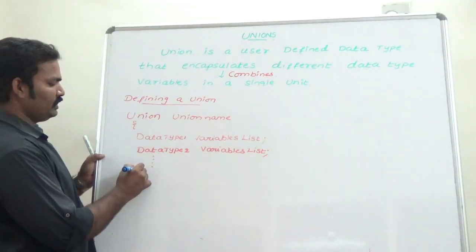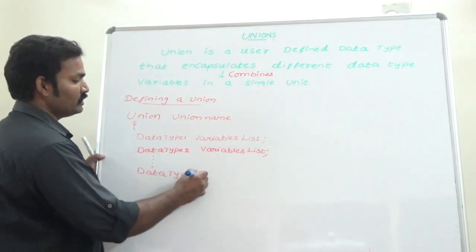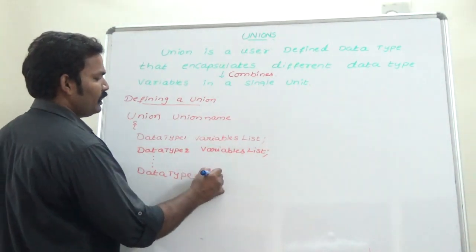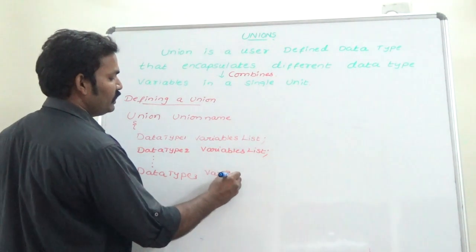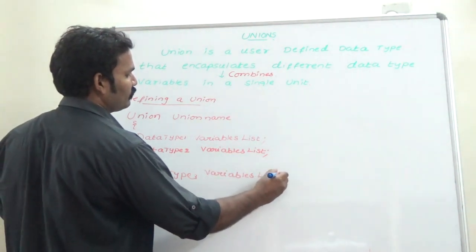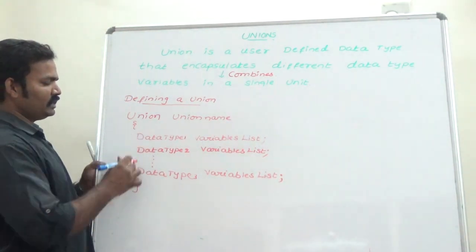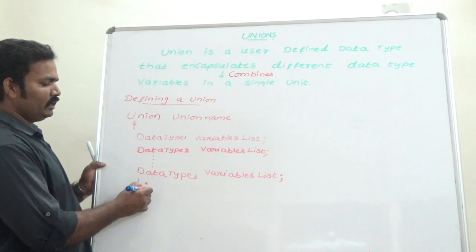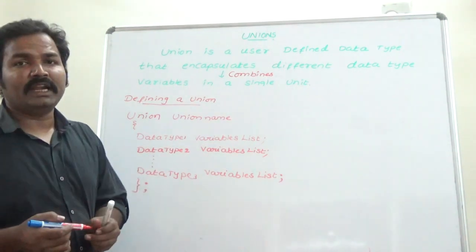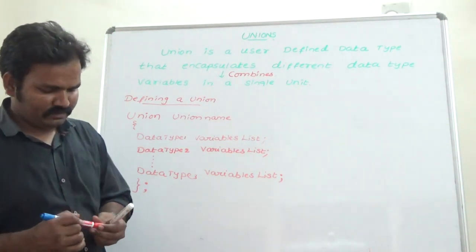So like this we can declare n number of variables of different data types. Okay, next, the union definition should end with a semicolon, same as structure.